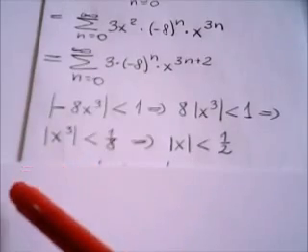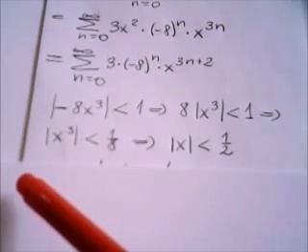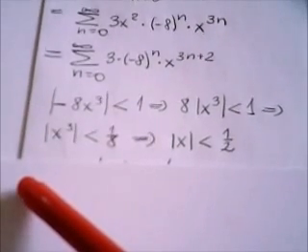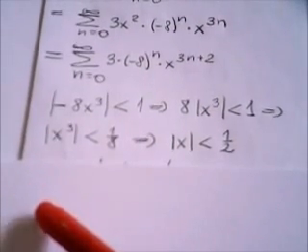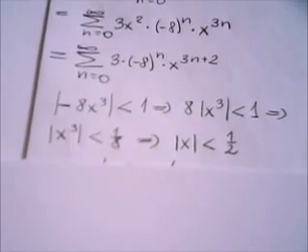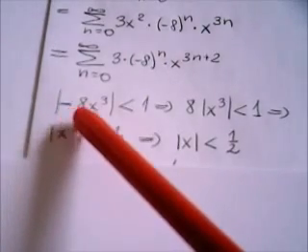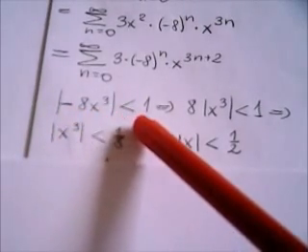Now I find the interval of convergence. We replace t with minus 8x cubed, and I write absolute value of minus 8x cubed is less than 1.